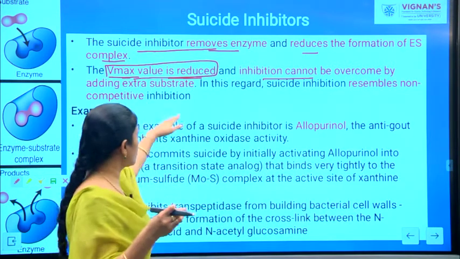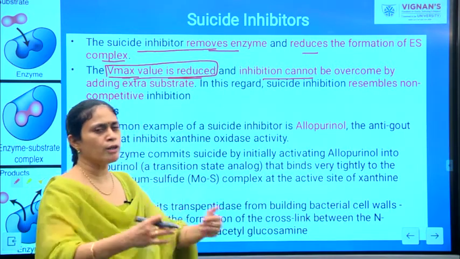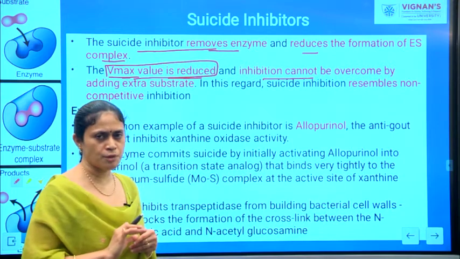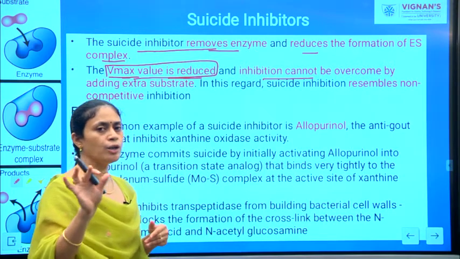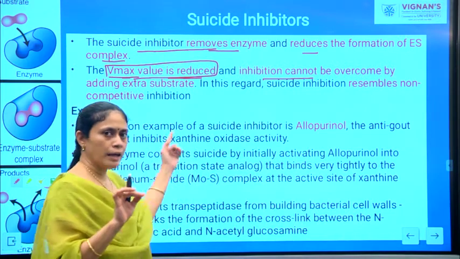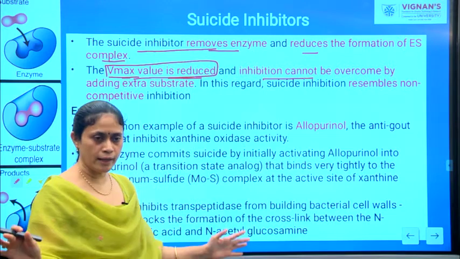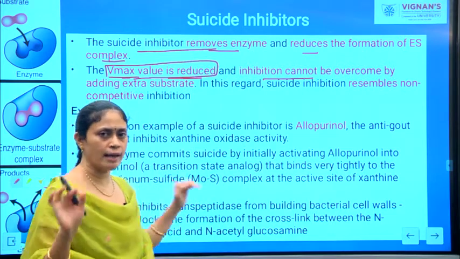So, in this particular suicide inhibition, though you increase the concentration of your substrate, you are not going to regain your original reaction because this inhibitor is affecting the enzyme totally. It is completely inactivating the enzyme.